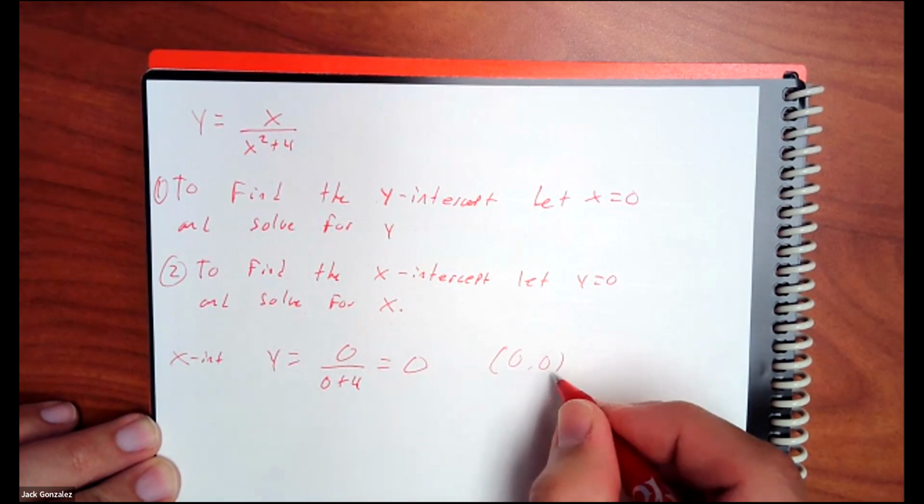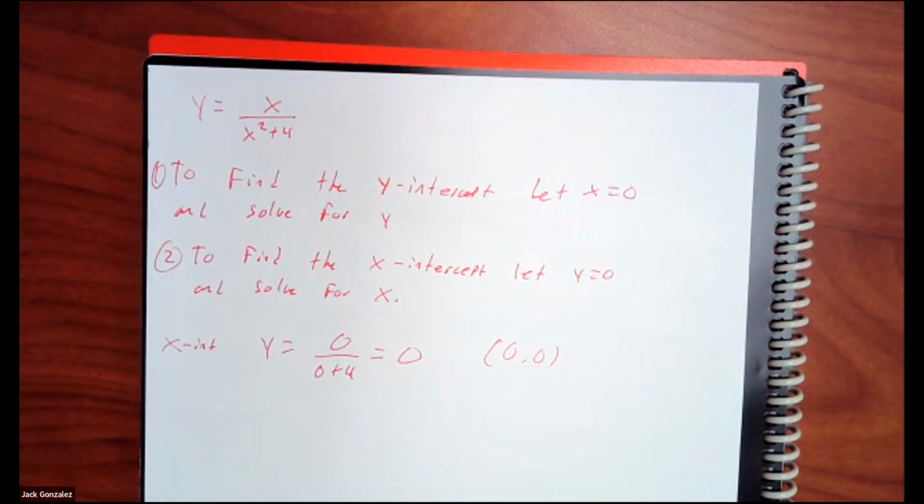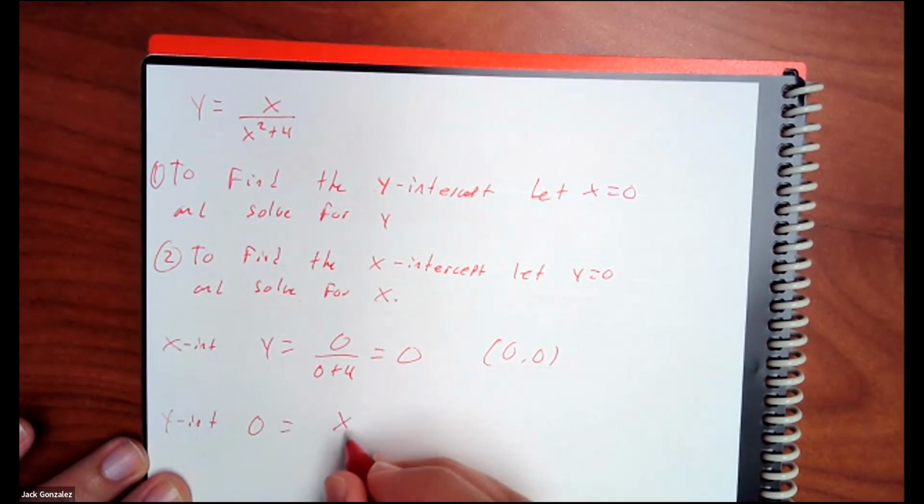So 0, 0 is one of the intercepts. It's the x-intercept that I was trying to find, but it turns out to be going through the origin. Yeah, it looks like in this case, x and y-intercept are the same. They go through the middle. So if you try to solve it, you're going to get the same thing.